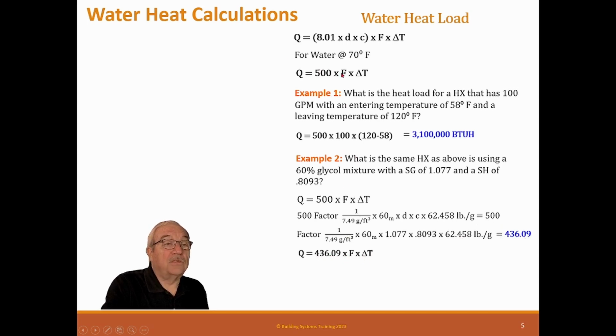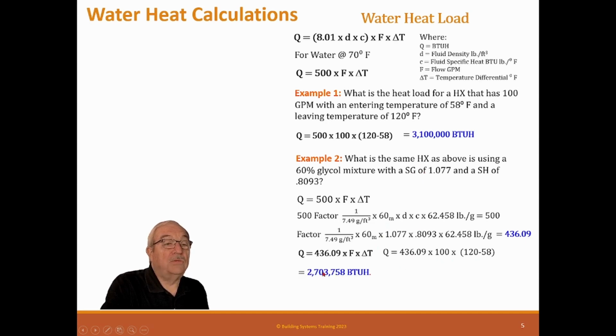So instead of using the 500 just at 70 degrees at specific gravity 1, now we have a slightly different factor. If we do the same heat exchanger as above, it's the same except the factor has changed. Now our BTU is 2,703,758.